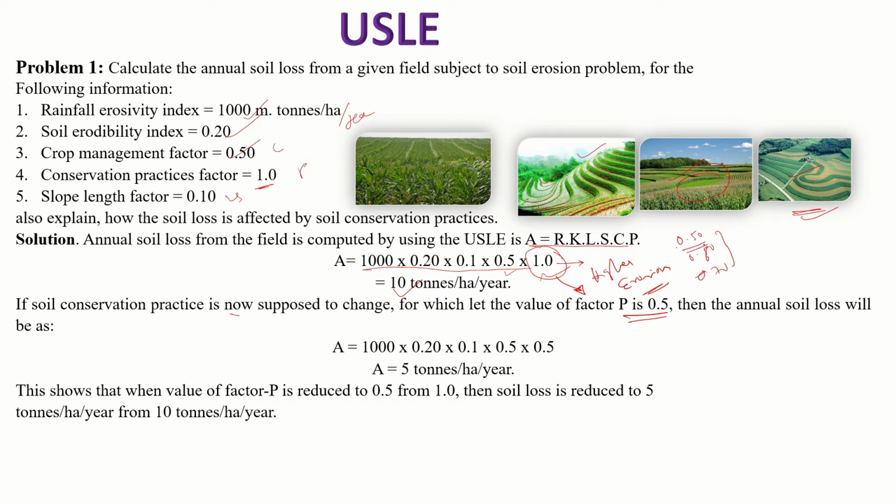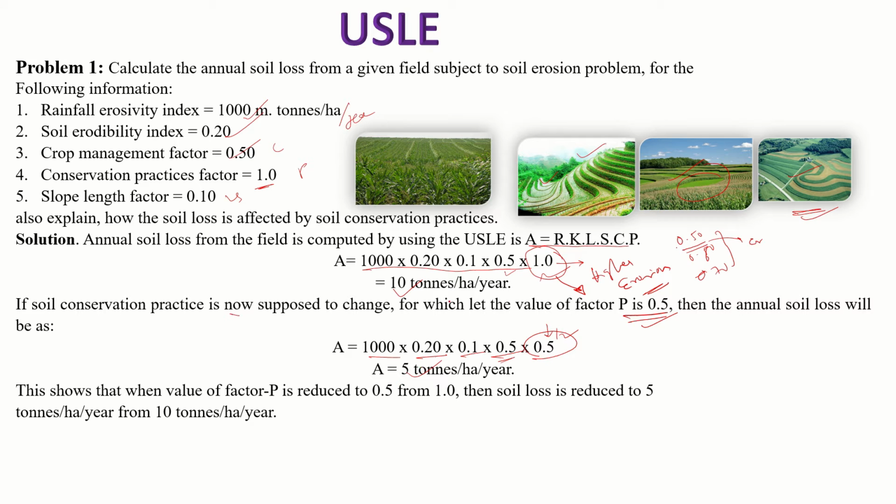In this condition erosion may be reduced. The remaining values R, K, LS and C are the same, and P is reduced by half. What is the erosion in this condition? That is 5 tons.